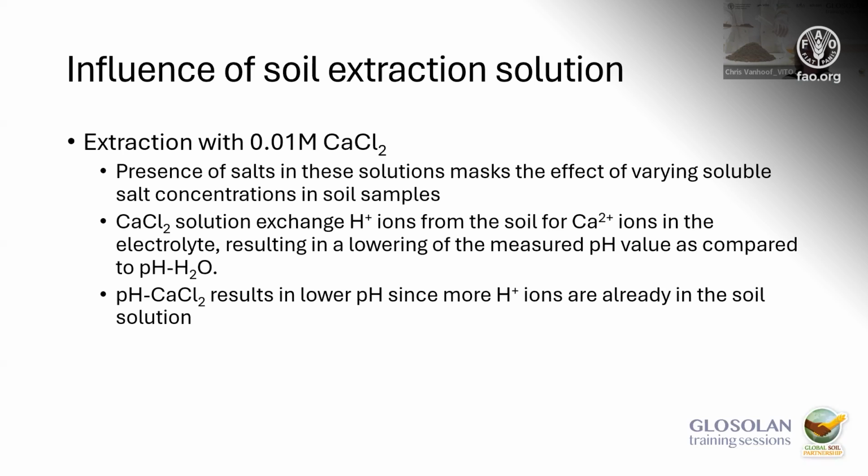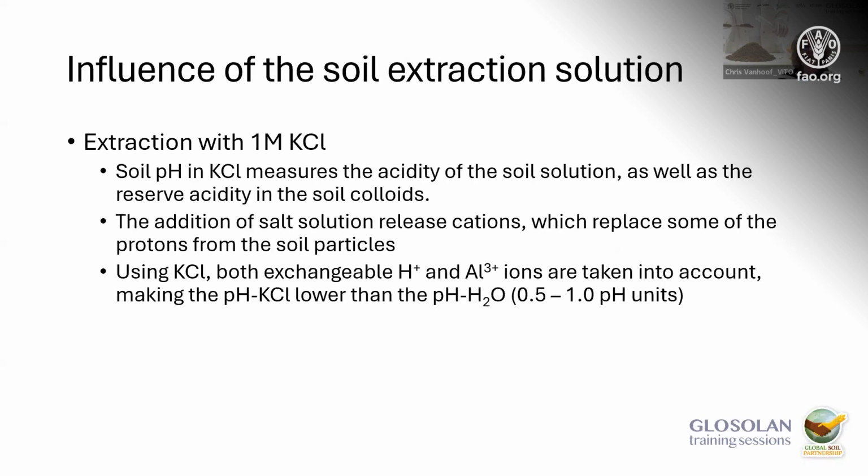If you go a step further and apply the potassium chloride extraction, then the soil pH in potassium chloride measures the acidity of the soil solution as well as the reserve acidity in the soil colloids. So you extract more hydrogen ions from the soil, because you get an exchange of the hydrogen as well as the aluminum ions present on the soil particles.